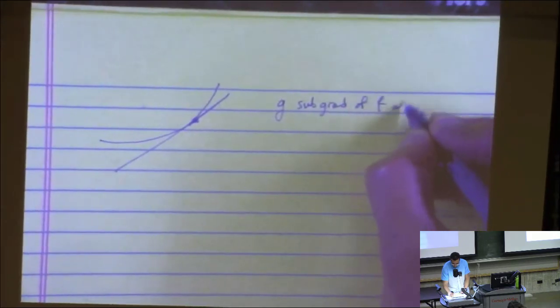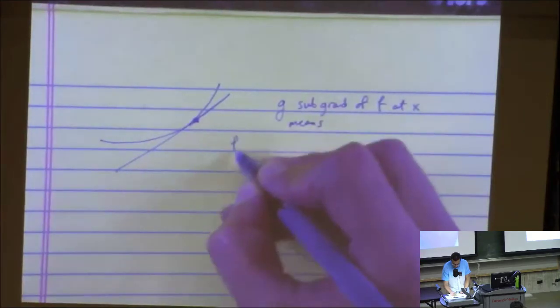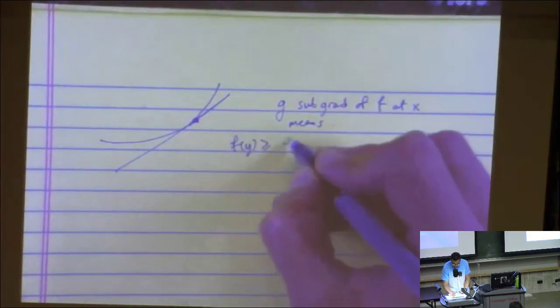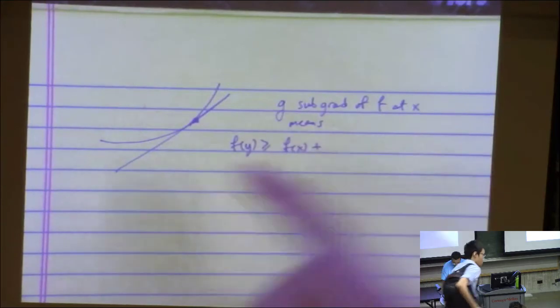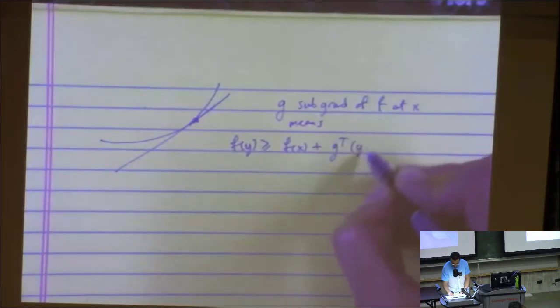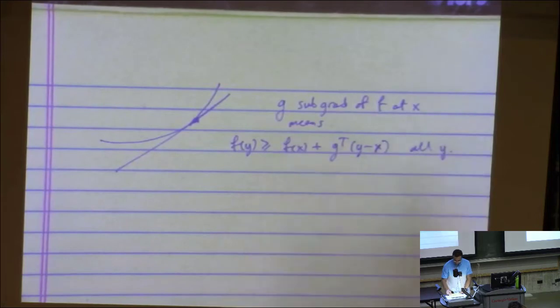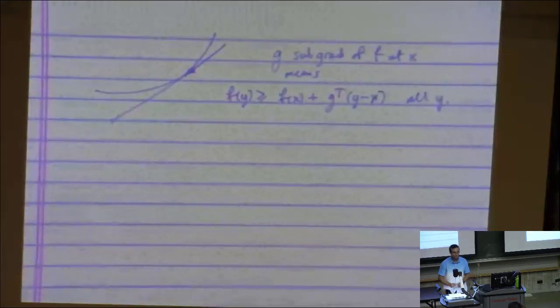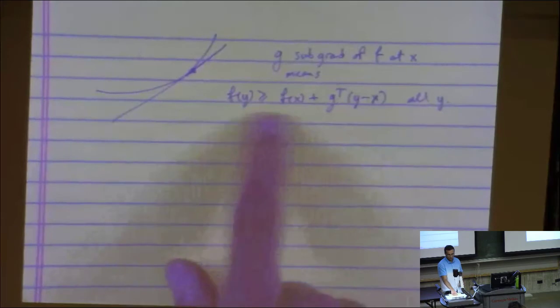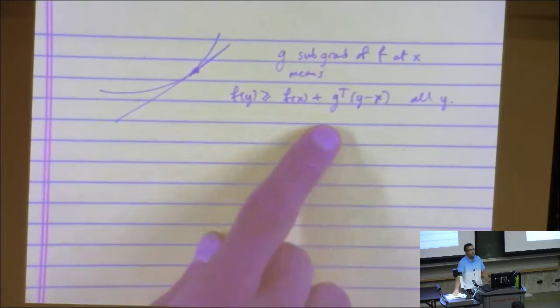of f at a point x means that if I were to build the tangent line through this point f of x having slope g, that it lies beneath our function everywhere. Okay, and the gradient does that for us if the function was differentiable. This is, say, for convex f. So the subgradient method just requires us to find such a g.